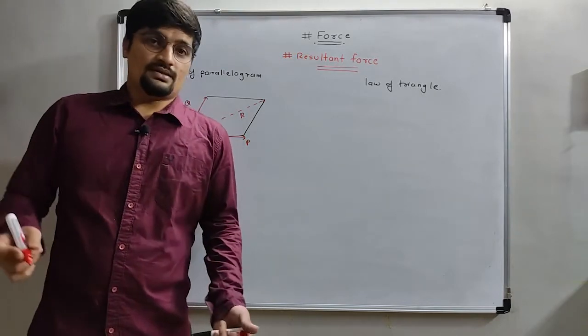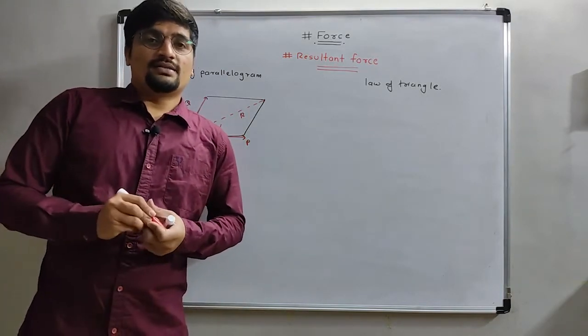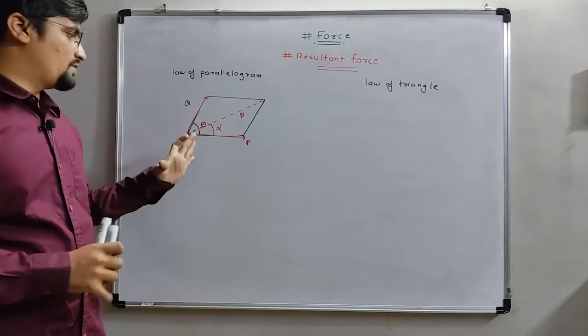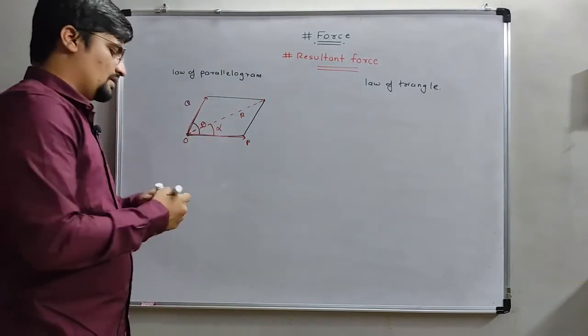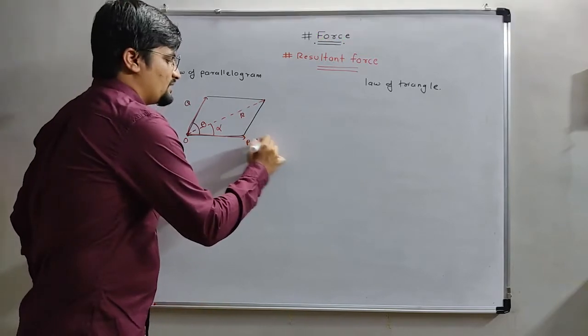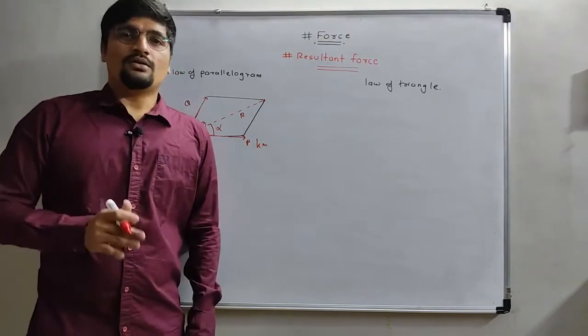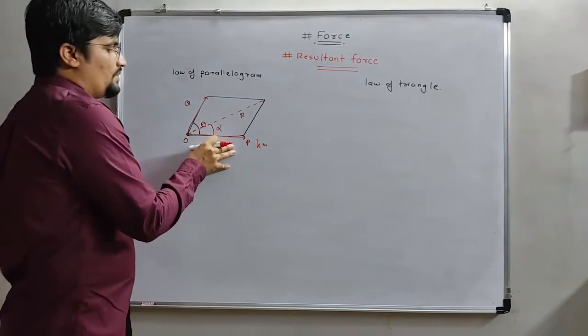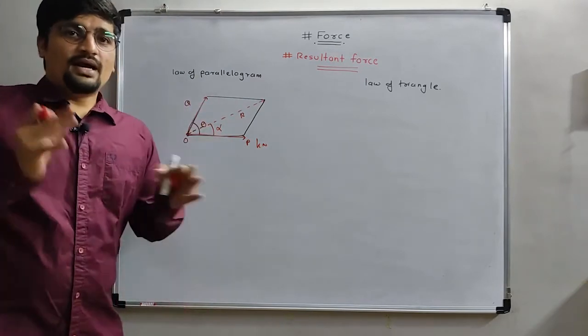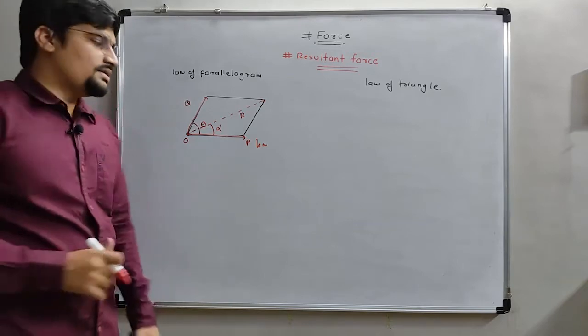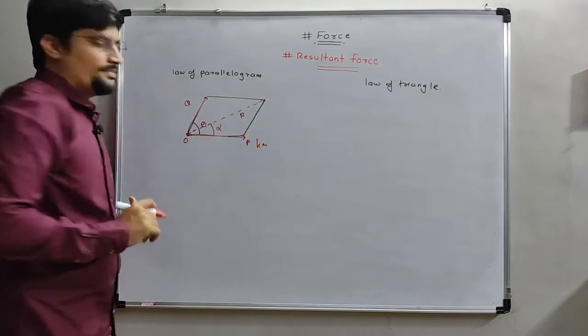So the statement is, if two forces of magnitude and direction, the magnitude is in kilonewton and the direction is either tensile or compressive, occur on the two adjacent sides of the parallelogram, then the resultant force is the diagonal of the parallelogram.